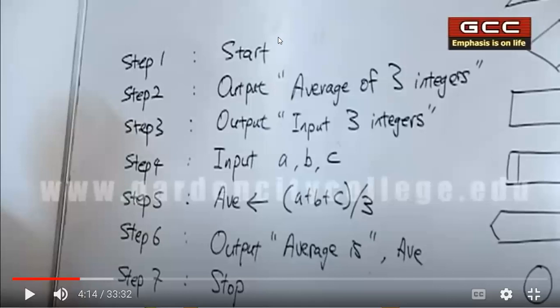All right, for step 3, what would you put for step 3? Input, right? Yeah, input. And how many things would you put in? For step 3, you write the word output in quotation, then you say input, and what comes after input?